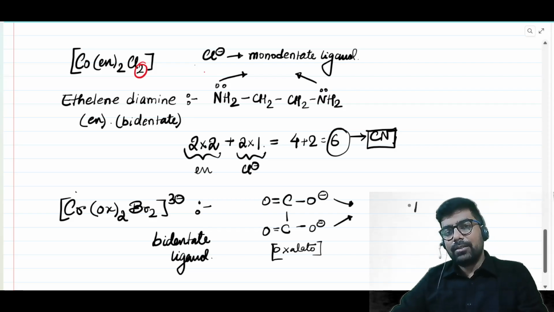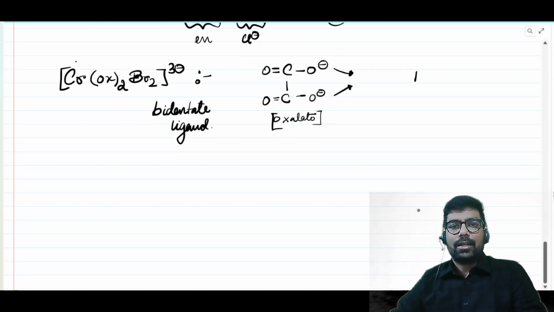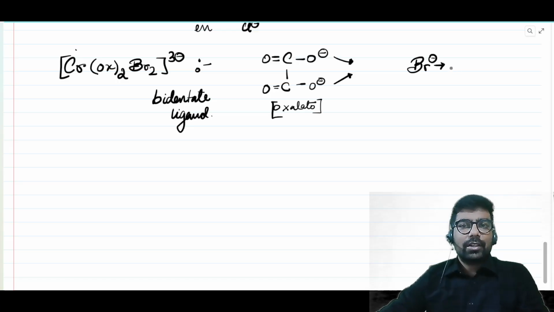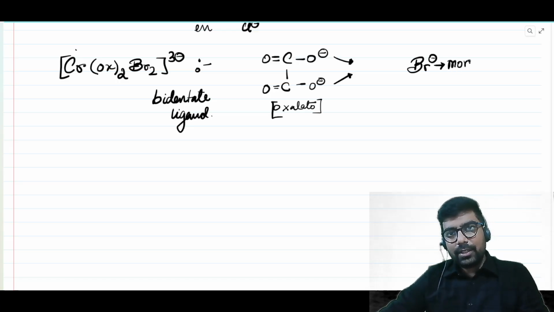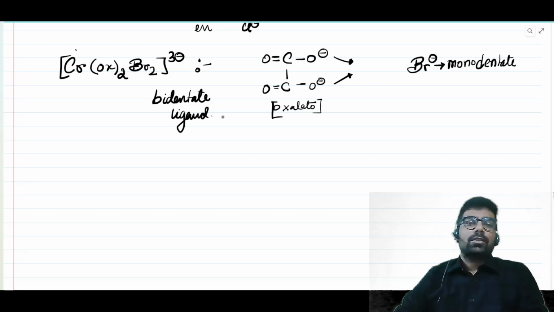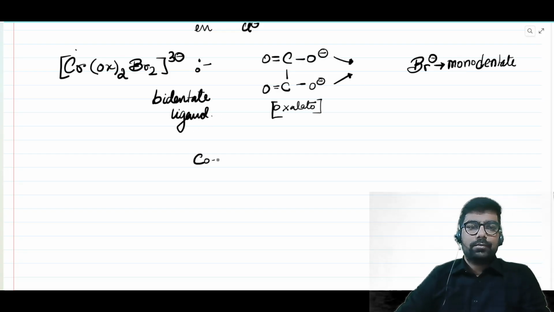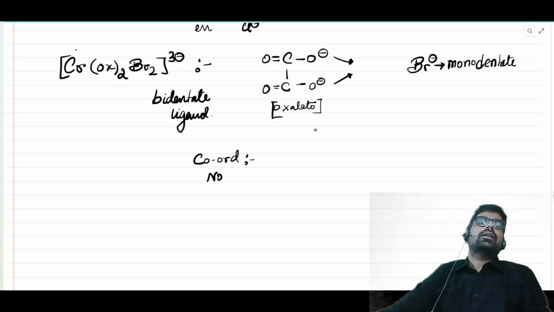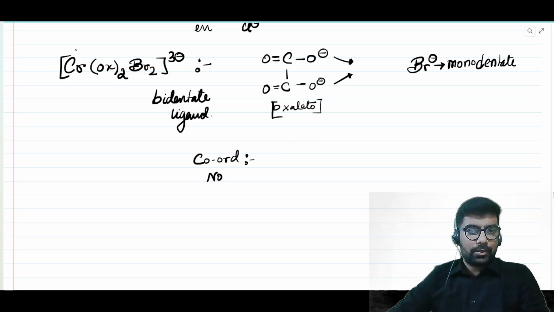Then we have Br minus, which is basically a monodentate ligand. Now again find out the coordination number. Pause the video and try it on your own. Okay, now I will do this. How can we find the coordination number? First we find the bidentate ligands. How many are there? 2 bidentate ligands, and each has 2 binding sites.